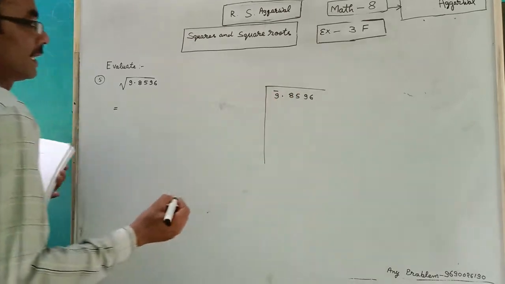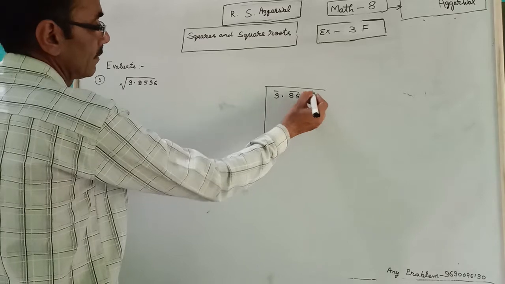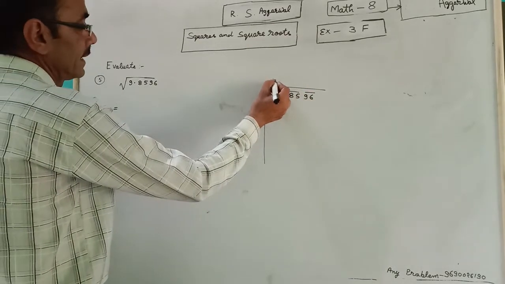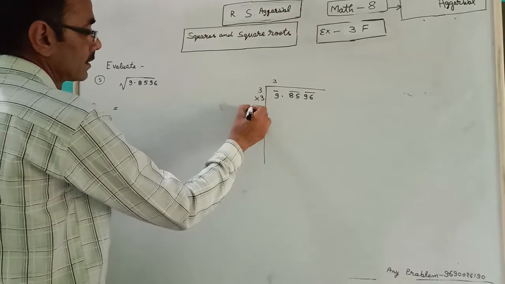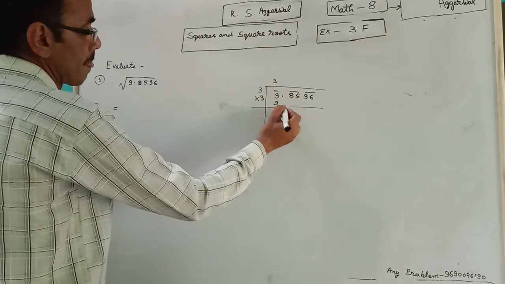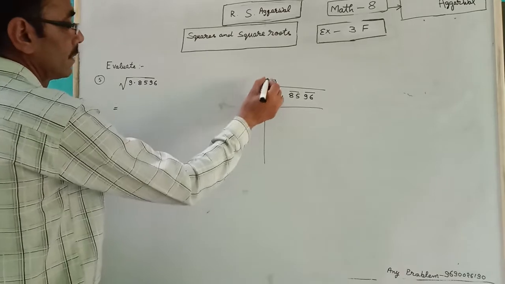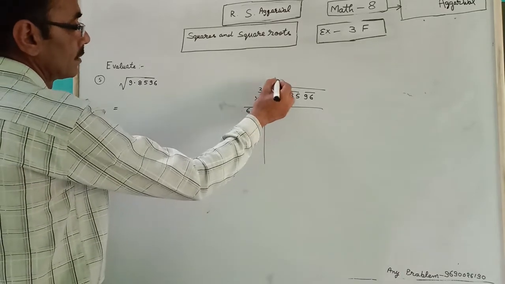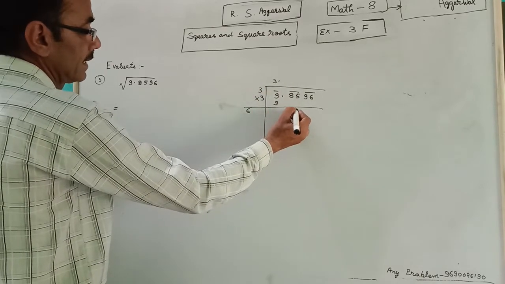First pair will be 9 and second pair 85 and 56. 3 3 ja 9. 3 double is multiply by 2, 3 2 ja 6, put the point and write the pair.